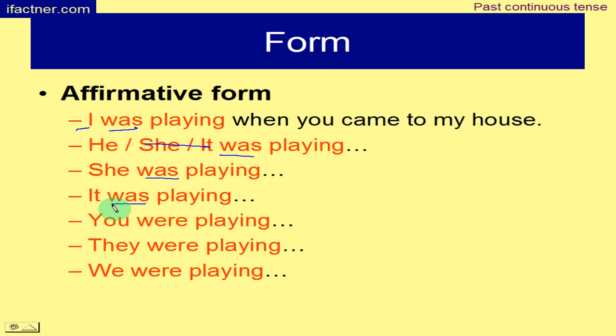It was playing. And now you were playing. They were playing. We were playing. So remember that with you, either singular or plural, they and we use were. And with I, he, she, it, we use was with the past continuous tense.